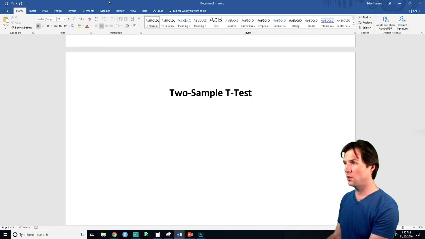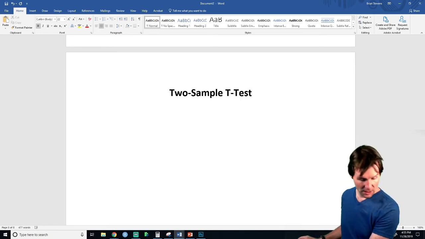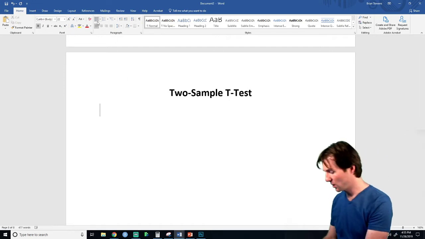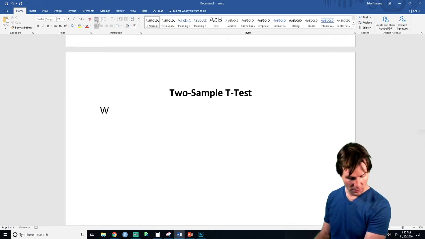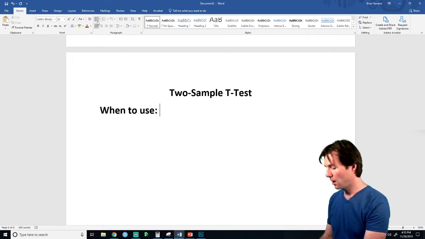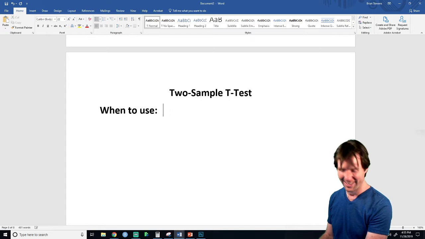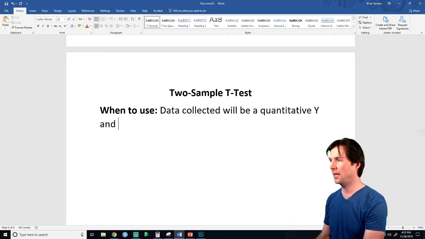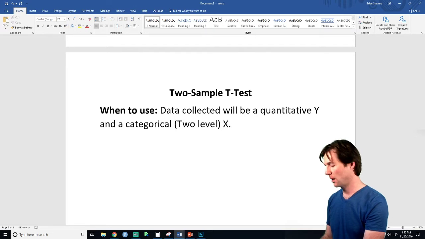When do we use the 2 sample t-test? So when to use? When data collected will be a quantitative y and a categorical 2-level x.